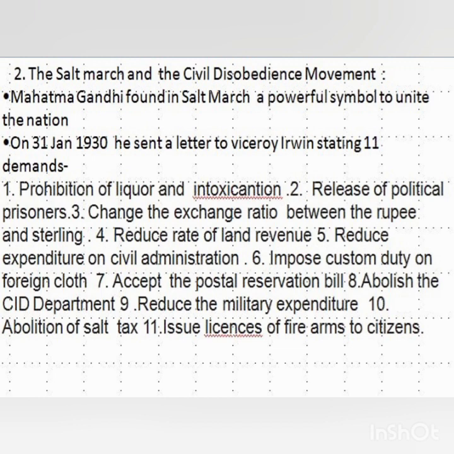On 31st January 1930, he sent a letter to the Viceroy stating 11 demands: prohibition of liquor and intoxication, release of political prisoners, change the exchange ratio between the rupee and sterling, reduce the rate of land revenue, reduce expenditure on civil administration, impose custom duty on foreign cloth, accept the postal reservation bill, abolish the CID department, reduce the military expenditure, abolition of salt tax, and issue licenses of firearms to citizens.